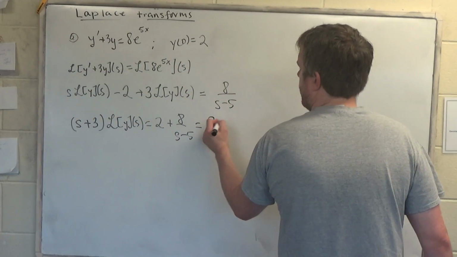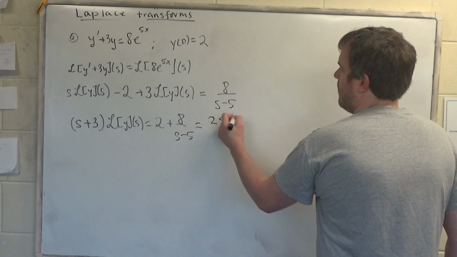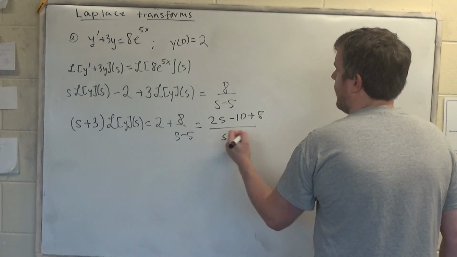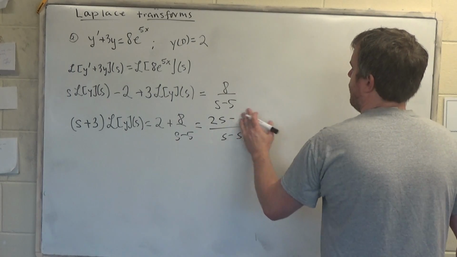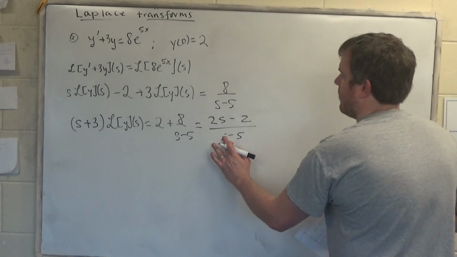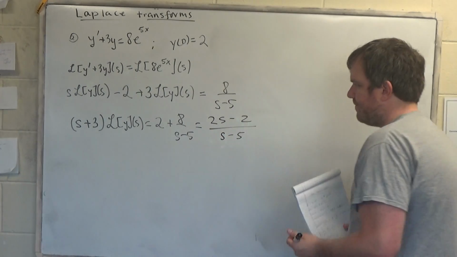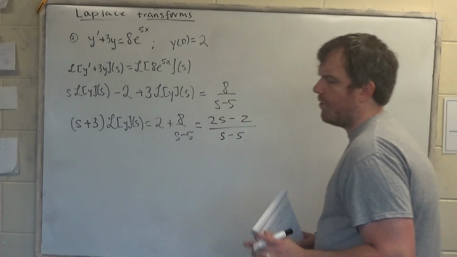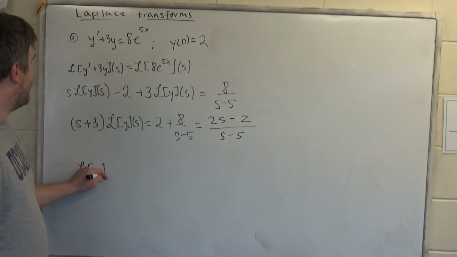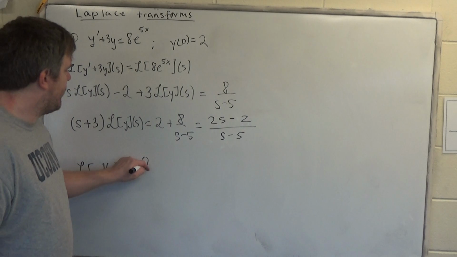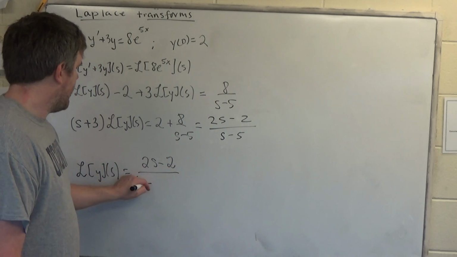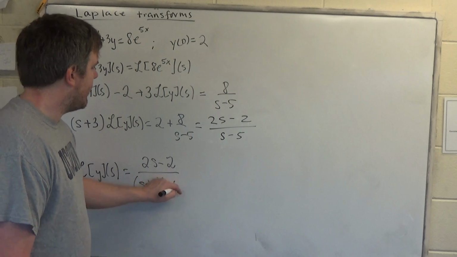I should get 2s minus 10 plus 8 over s minus 5, but minus 10 plus 8 is minus 2. Let me make that look more like an s. Okay. And so to solve for the Laplace transform, the Laplace transform of y of s is 2s minus 2 over s plus 3 times s minus 5.